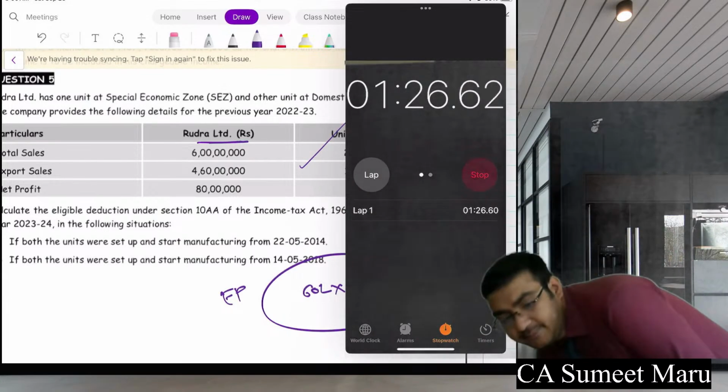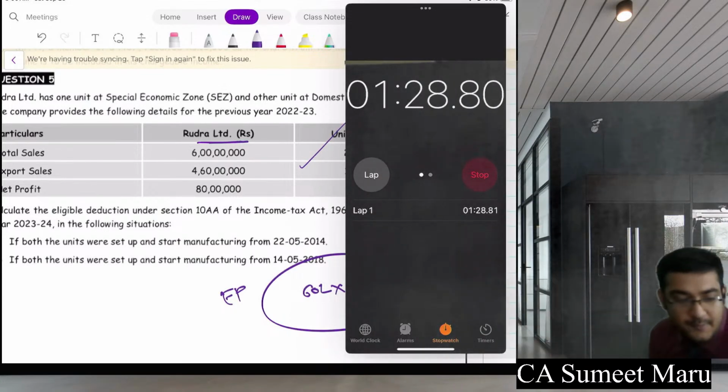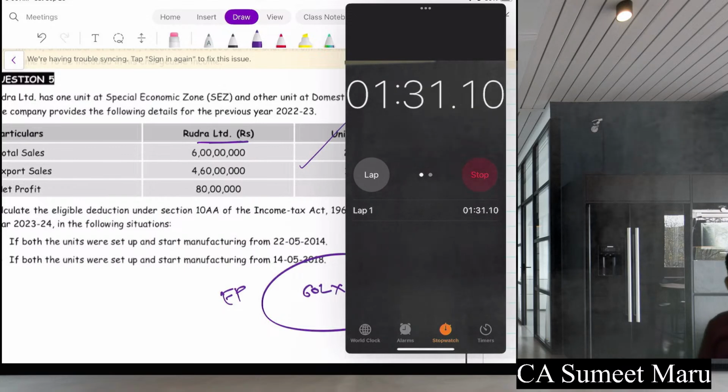Yes, everyone, is it clear? Yesterday you guys were much more active than today.